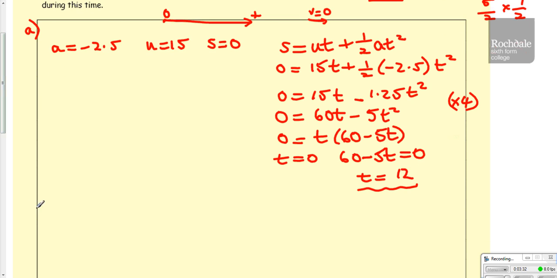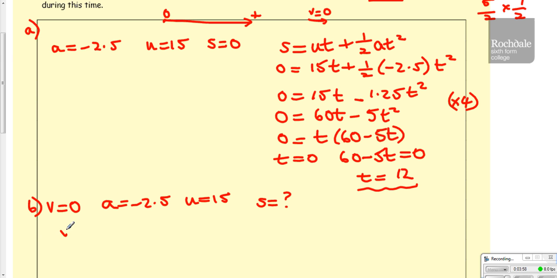So I'm going to look for the point where this particle is instantaneously at rest. It just comes to rest and then turns around. The acceleration throughout the motion is minus 2.5, and we started with a speed of 15. We want to work out the distance to that moment of instantaneous rest.